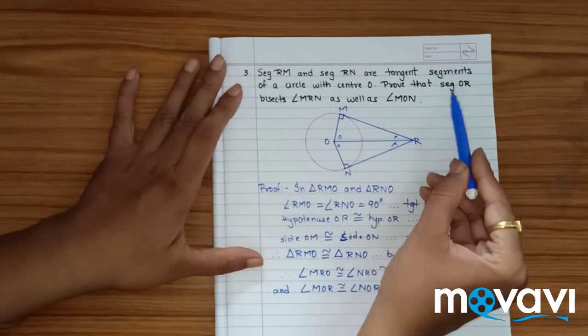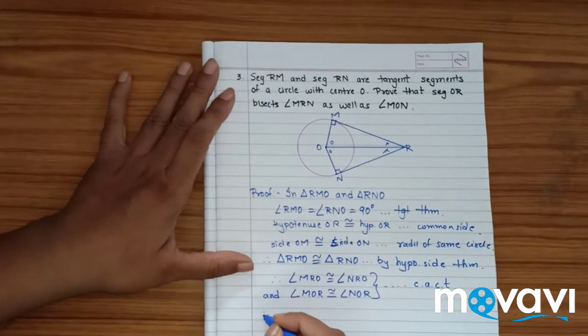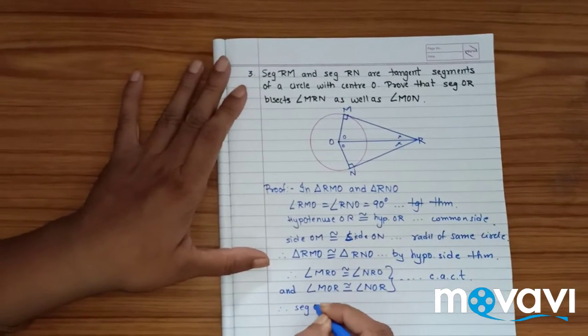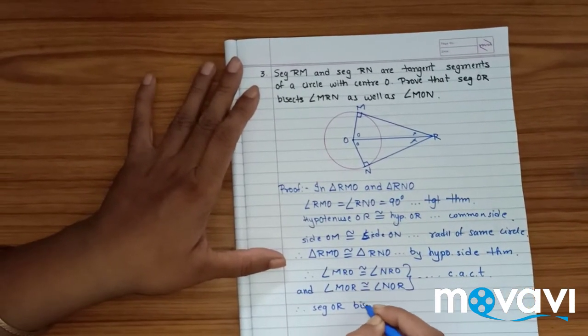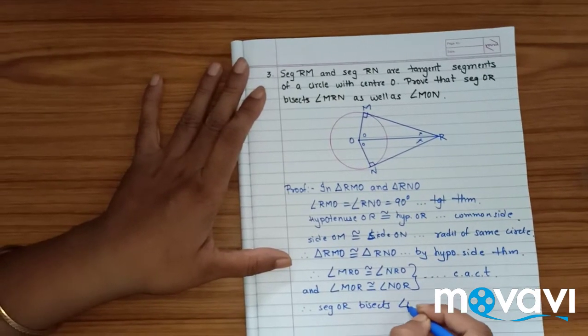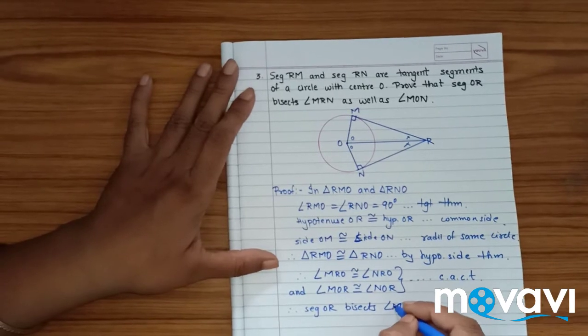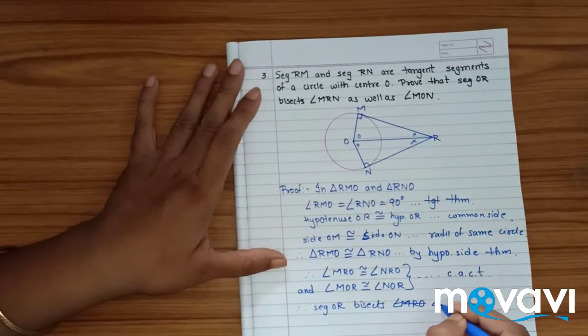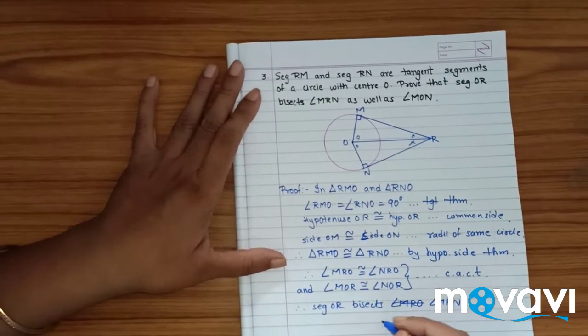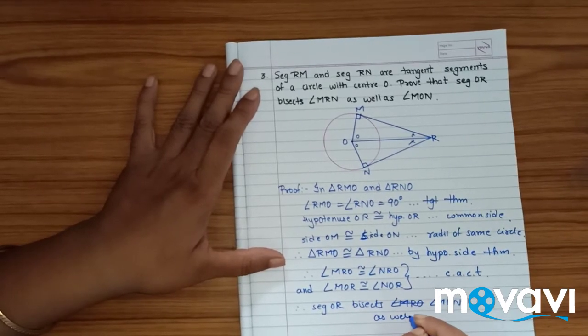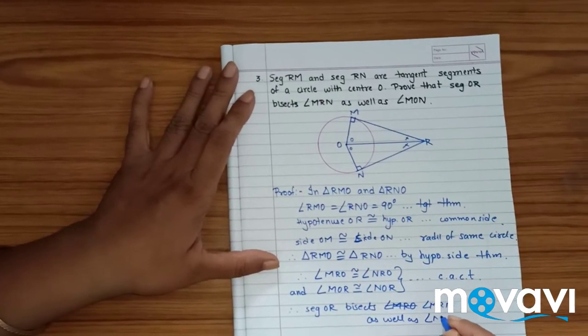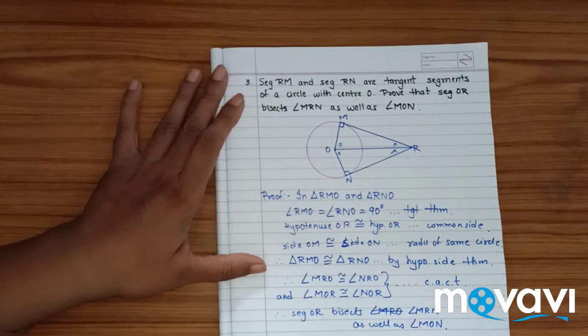That it is a bisector. Therefore write down segment OR bisects angle MRN, sorry, this is MRN, as well as angle MON.